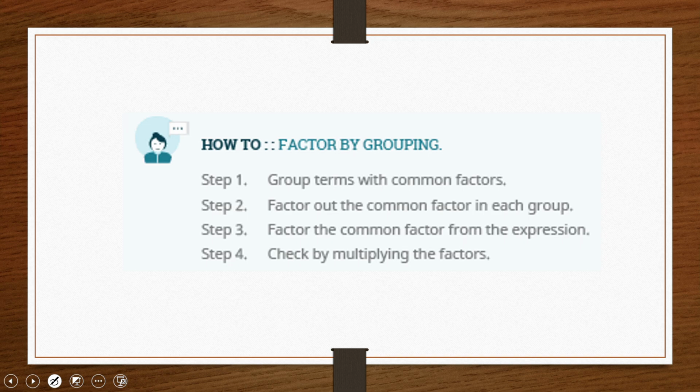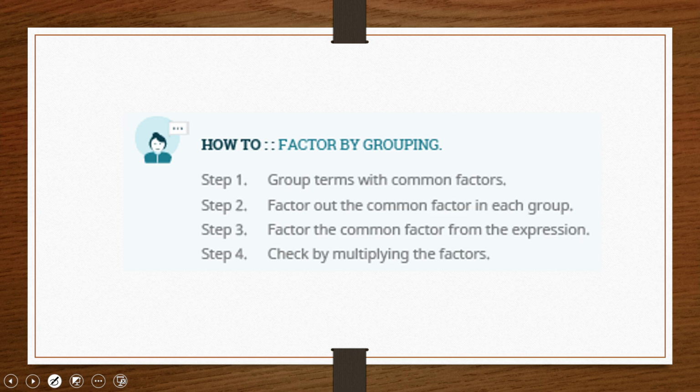So a quick step-by-step here is that we need to group terms with common factors. A big key signifier that we need to factor by grouping is that I'll have 3 or 4 terms, none of which will have a greatest common factor other than 1. In other words, I can't factor something out from all of my terms simultaneously, but I can do it in groups.